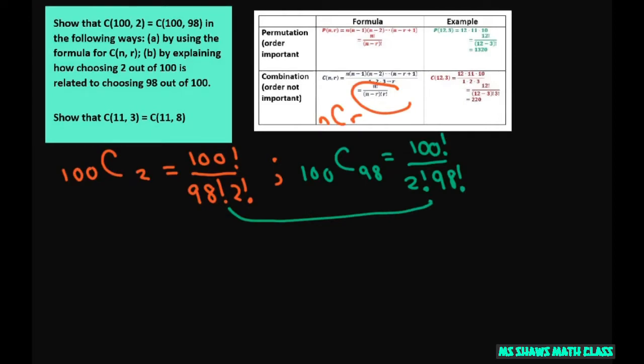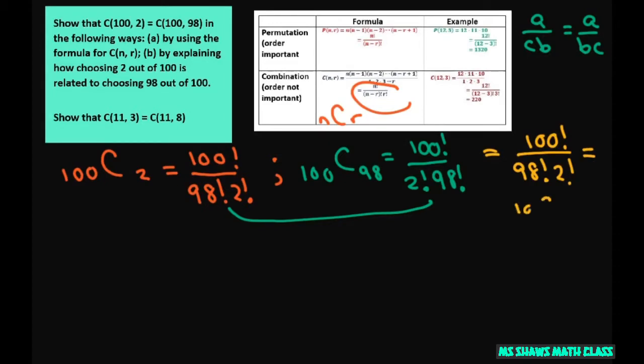It's like saying A divided by C times B equals A divided by B times C. So this equals 100 factorial divided by 98 factorial times 2 factorial, which equals 100 choose 2. So we're back to the same thing.